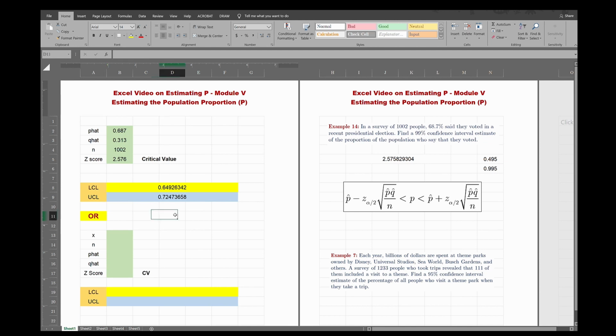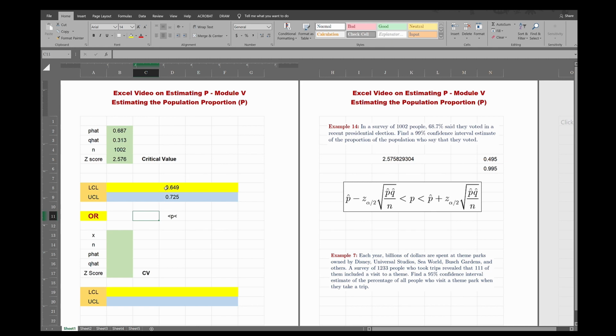So your p is going to be between, so if I type that, and let's make that a text so it won't give me a hard time. So my p will be between, let's say I want 3 decimal places, so I could actually round this to 3 decimal places. And I can round that to 3 decimal places. That's what you type for the lower confidence limit.